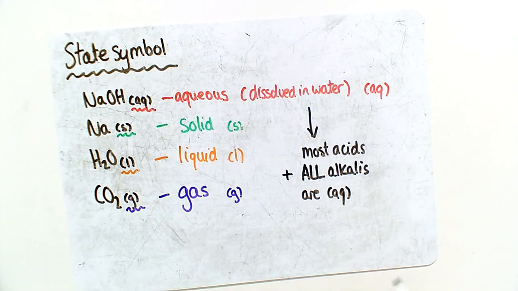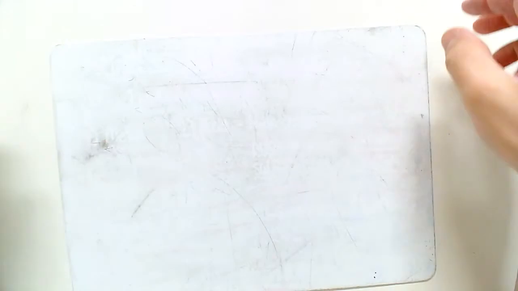And then, when we get the products, we know we're going to produce water, that's going to be a liquid. If one of our starting materials is a carbonate, we know we're going to get carbon dioxide, which is a gas. And then we get the salt. So let me just write that out.